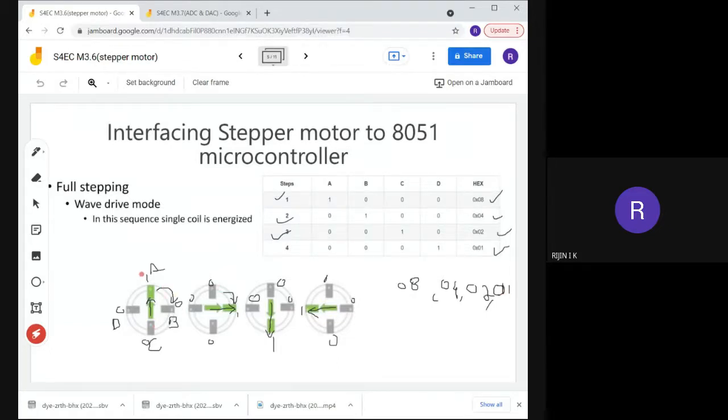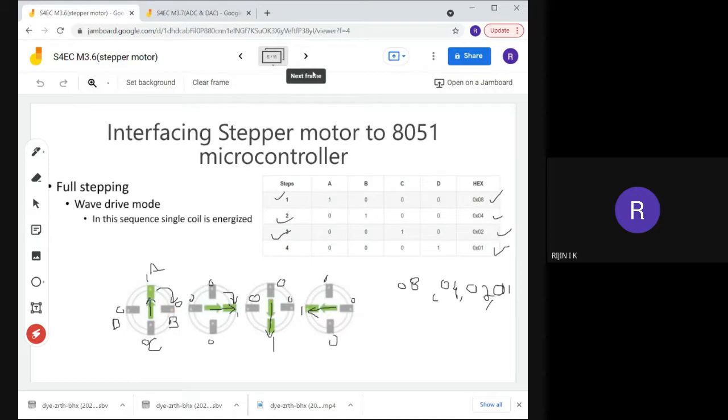In wave drive mode, there are 4 steps. For step 1 we need to provide the input 08. Then for step 2 we need to provide 04, step 3 02 and step 4 01. So there are 4 steps in total, and in each step it will rotate by a 90-degree angle.